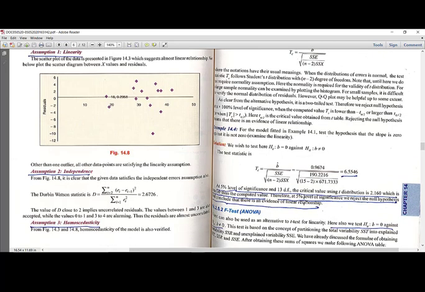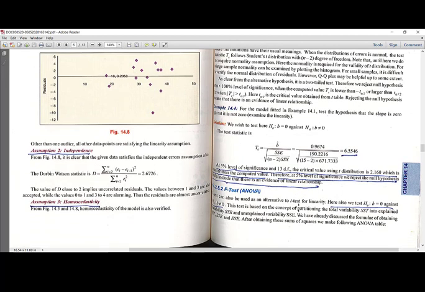Therefore, at 5% level of significance, we reject the null hypothesis and conclude that there is evidence of a linear relationship. Now we can conduct the F-test also. The F-test can also be used as an alternative to the t-test for linearity. Here also we test the null hypothesis b equals 0 against the alternative hypothesis b not equal to 0.